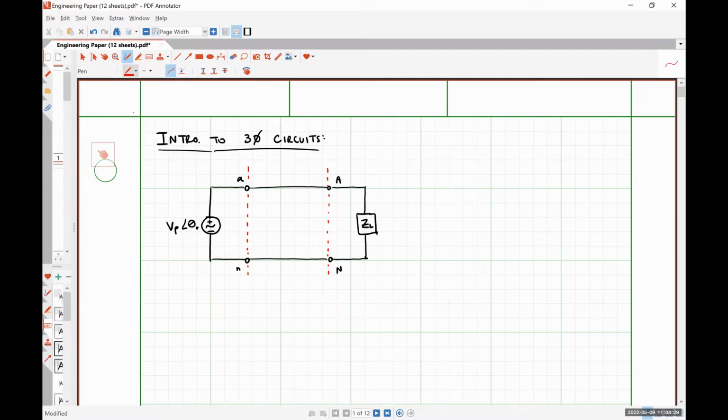So on the left-hand side, we have our source. On the right-hand side, we have our load. And in the middle, we have transmission lines.